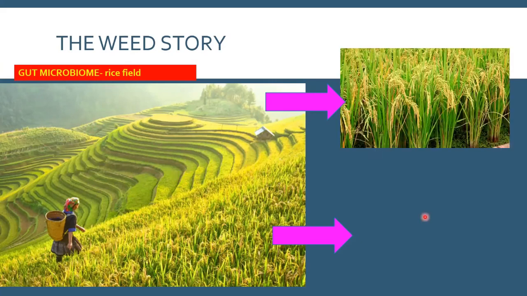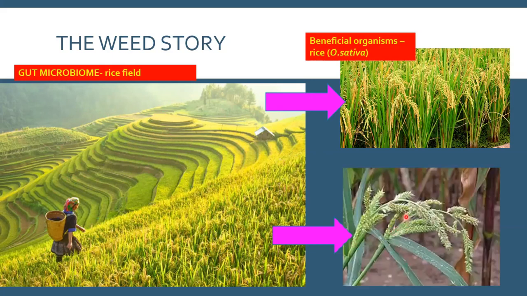So in the rice field, of course, we want to be profitable. We want to grow more rice, the rice grains that we would harvest and sell as rice, or what we call palay. I would think of the rice grains as the beneficial organisms, because we want these rice grains to proliferate. We want them to occupy the maximum area in our rice field. But then we cannot avoid having weeds.